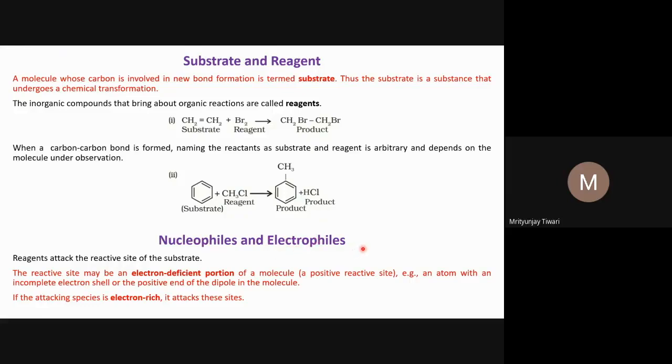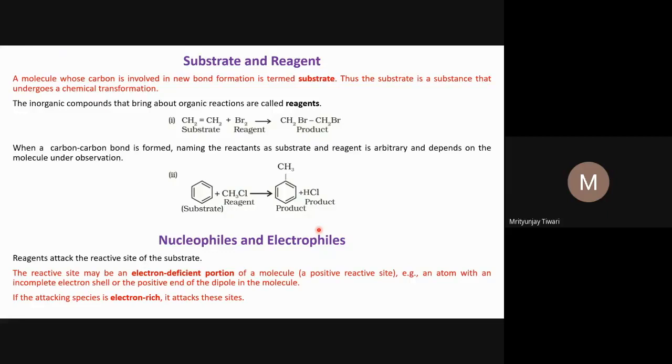The species which are attracted towards electrons, the negative charge, and philes means lovers. The species which are electron lovers or negative charge lovers are electrophiles, and these will be electron deficient species. And what are the electron deficient species? The species which have a positive charge.